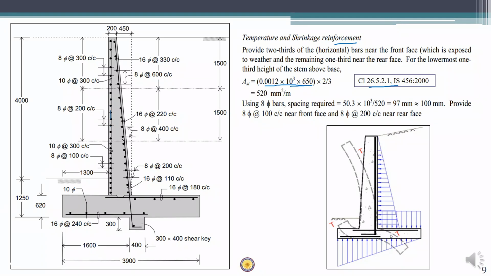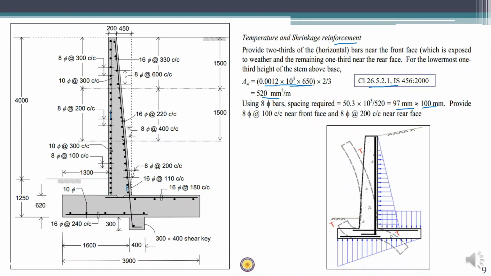If we are using 8 mm bars, we get a spacing of 97, which means that we provide the reinforcement at 100 millimeter spacing at the inner side, and on the outer side we provide the reinforcement at 200 millimeter center to center. So these horizontal bars, which are denoted as dots, are actually the temperature or shrinkage reinforcements.